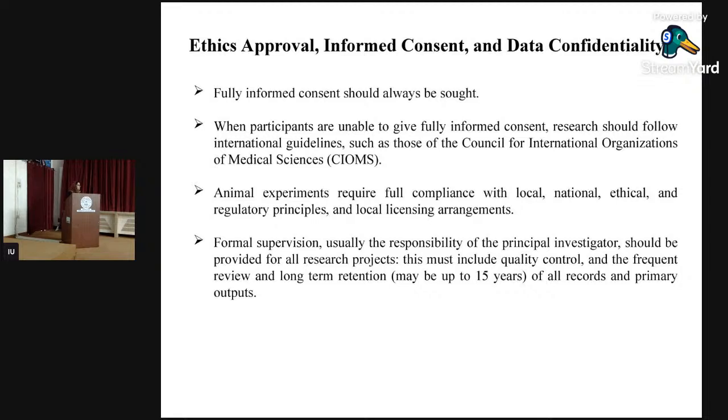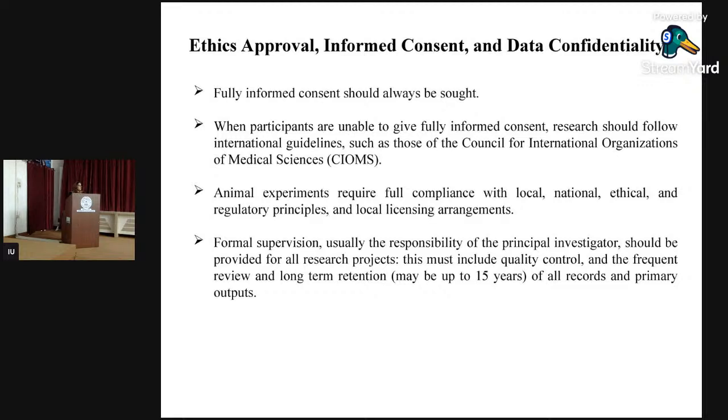So you have to be in contact with your PI. You have to visit the lab every day, do your work, analyze your work, and get it checked by your supervisor, isn't it? So the primary responsibility of the data that you are generating lies mainly with your supervisor, right?